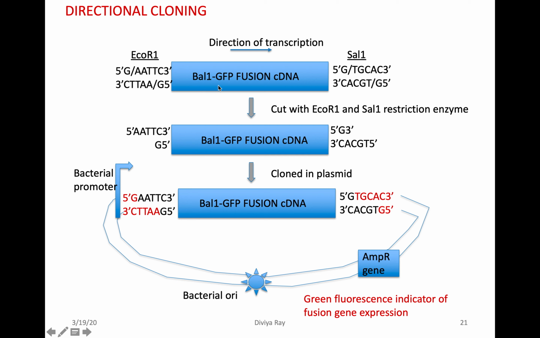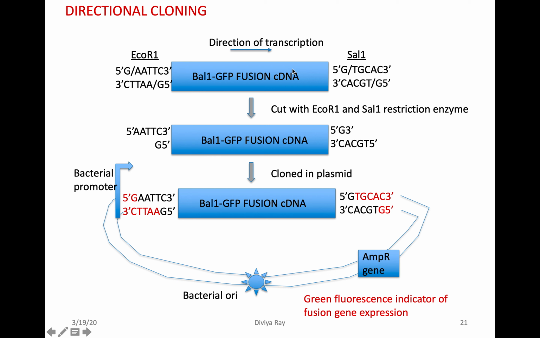Okay, so let's say here's your BAL GFP fusion cDNA. This is the sequence at the beginning, and this is the sequence at the end, and you ligate it in a plasmid over here. This is a slight diversion from what we have been discussing so far.